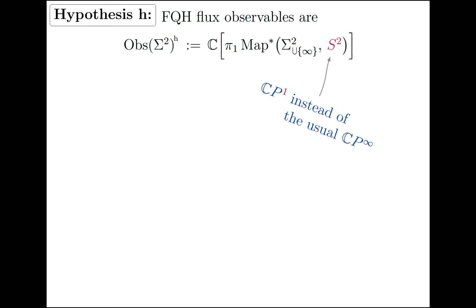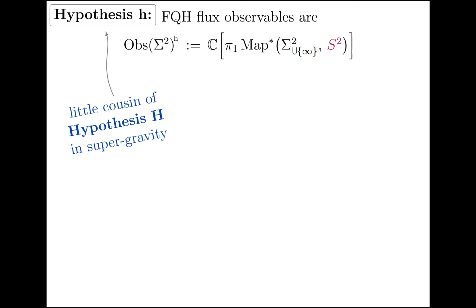So S2 is just plugged into this formula, which previously, for ordinary Dirac charge quantization, had CP infinity. We're just changing the classifying space in that formula. It's a conceptually very simple change, and that implements the exotic flux quantization. And so we're calling this hypothesis lowercase h here.